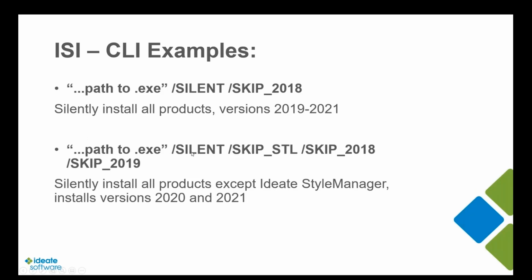The second one is a silent install where it skips a product, Style Manager, and it skips, I have 2 years in here, but you can skip one if that's what you want. So that's exactly what this one is for. And with the process of elimination, this will install BIMlink, Explorer, Sticky of years 2020 and 2021 as it's set here. So I hope this answers the question.